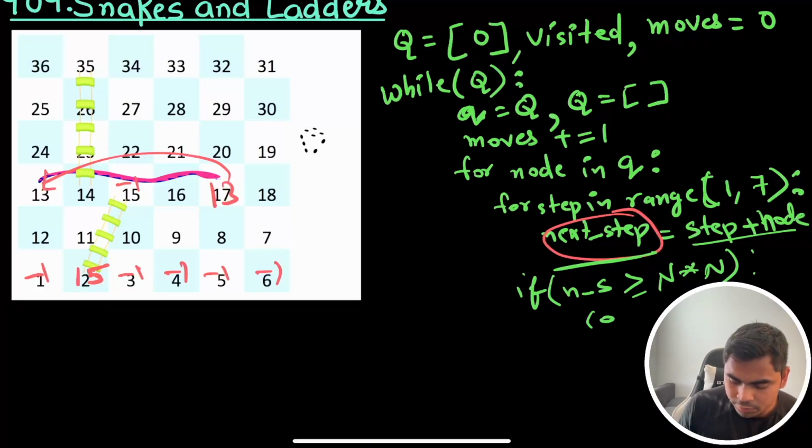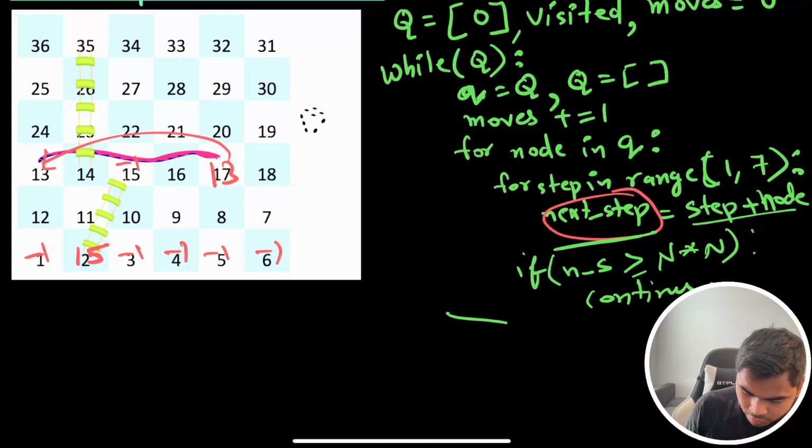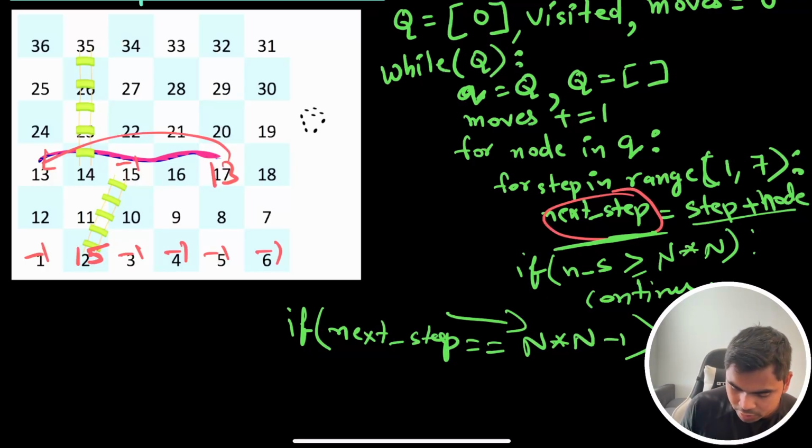Then we're going to continue. Otherwise, at this position, we will check if this next step is equal to n cross n minus 1, then we return moves.